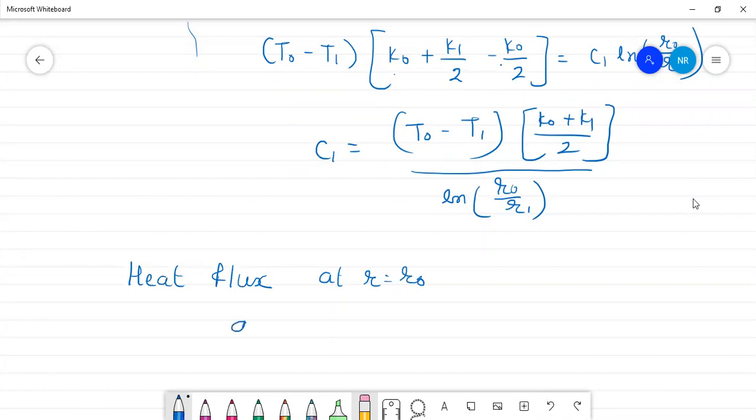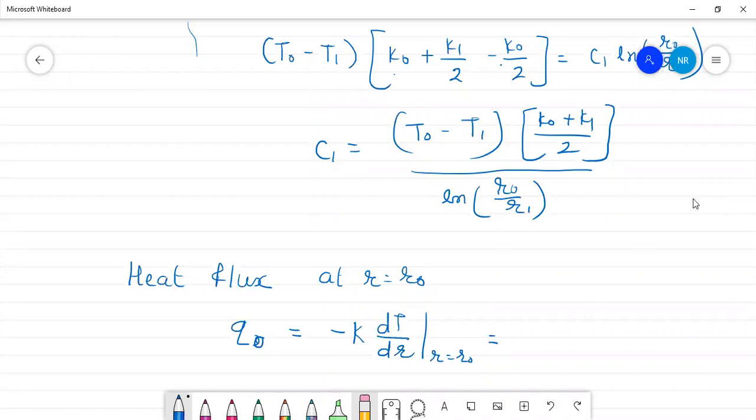So Q0, the heat flux, is minus K dT per dr at R equal to R0. We have one equation, equation number 1 or 2, that we have.